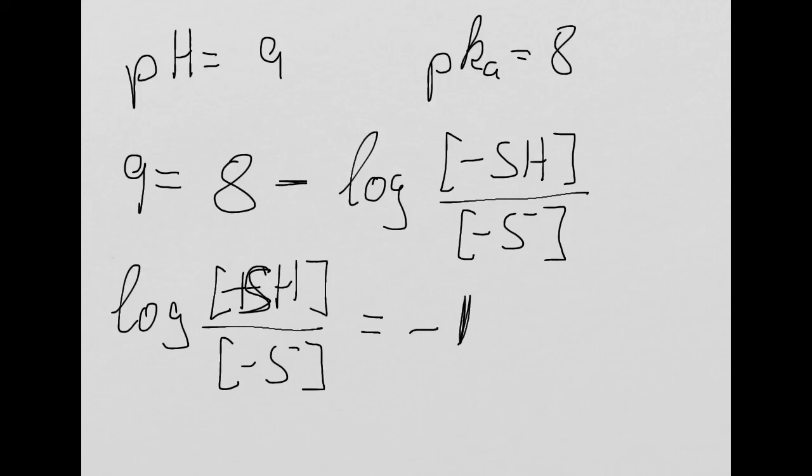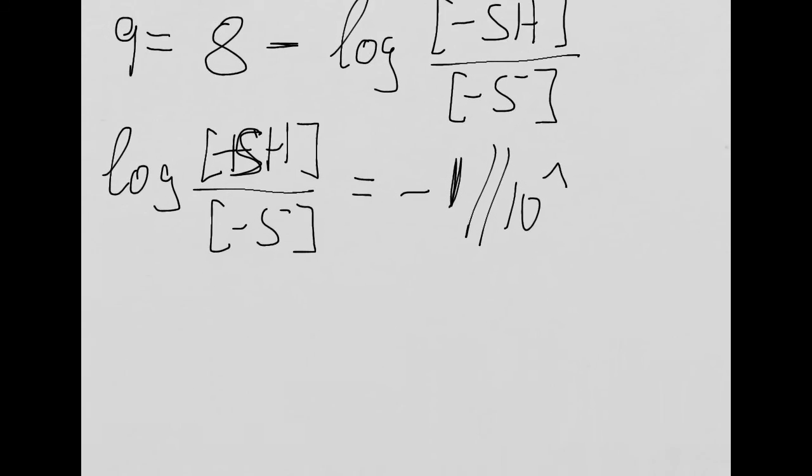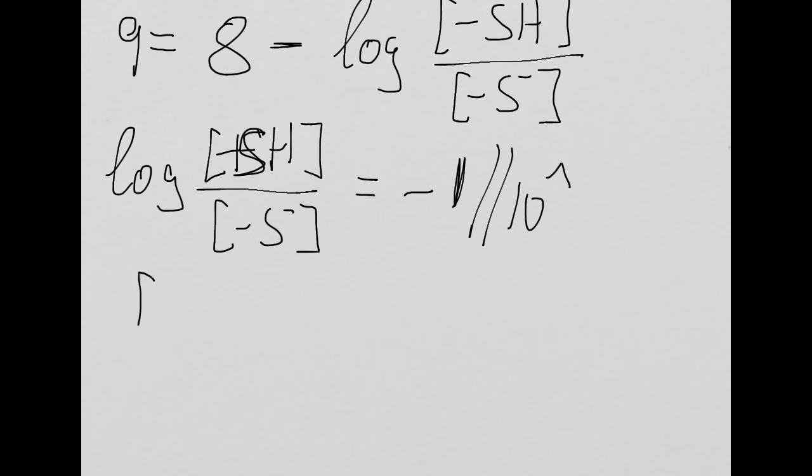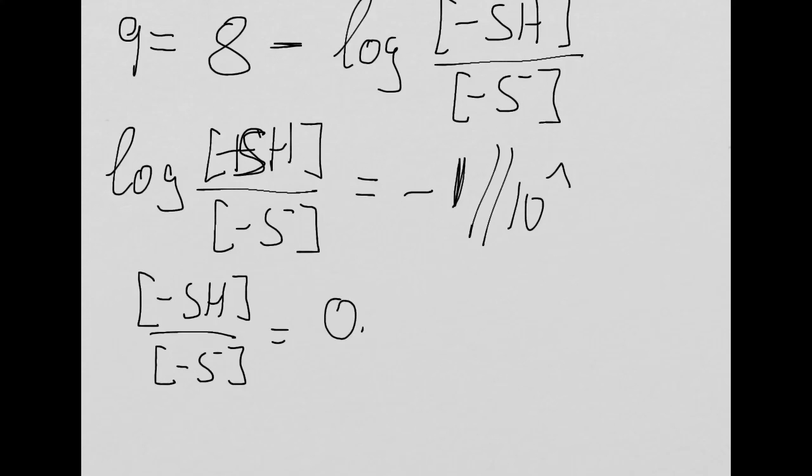So you take both sides 10 to the power of, and you get SH divided by S minus is 10 to the power of minus 1, or 0.1.